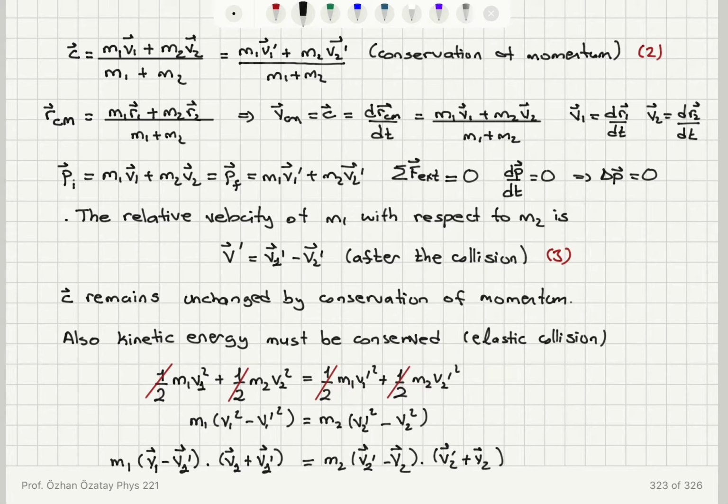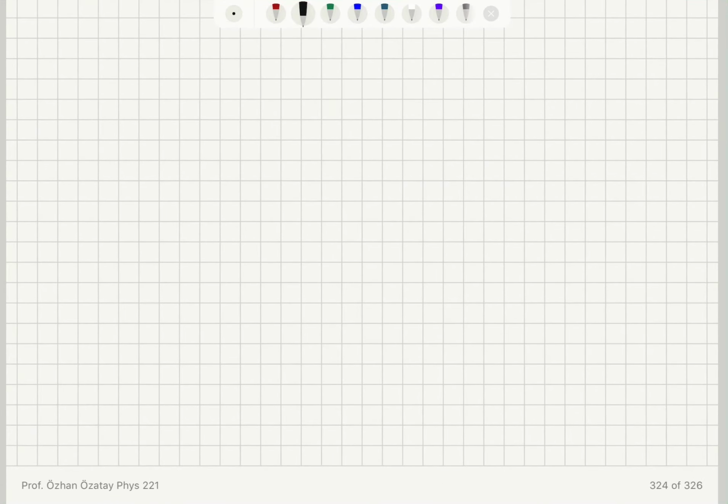Since we also have conservation of momentum, so this coupled with the conservation of momentum, delta P is equal to 0, implies m1 v1 plus m2 v2 is equal to m1 v1 prime after the collision plus m2 v2 prime after the collision.